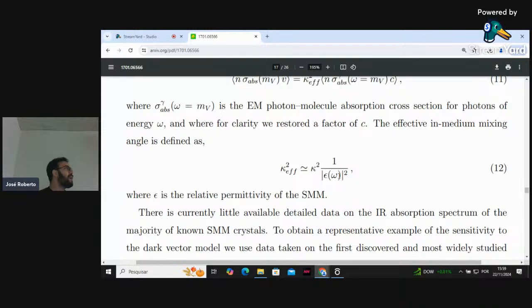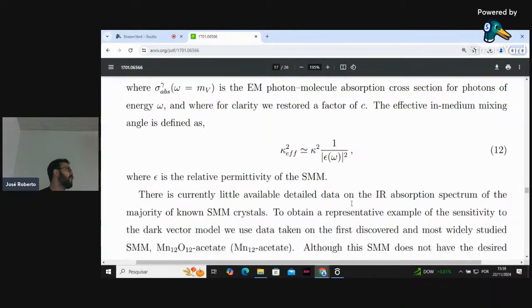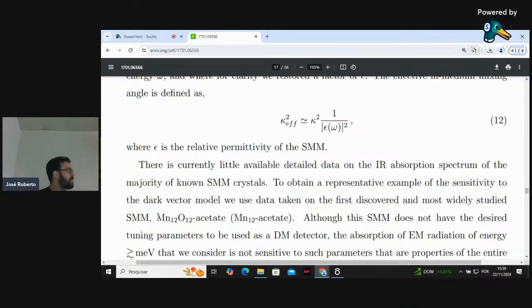While we have the permittivity for a specific SMM, for this specific SMM we do not have the other important parameters, such as the U and tau naught, which is related to the relaxation time, for the specific detectors. But the paper still studies this specific acetate.